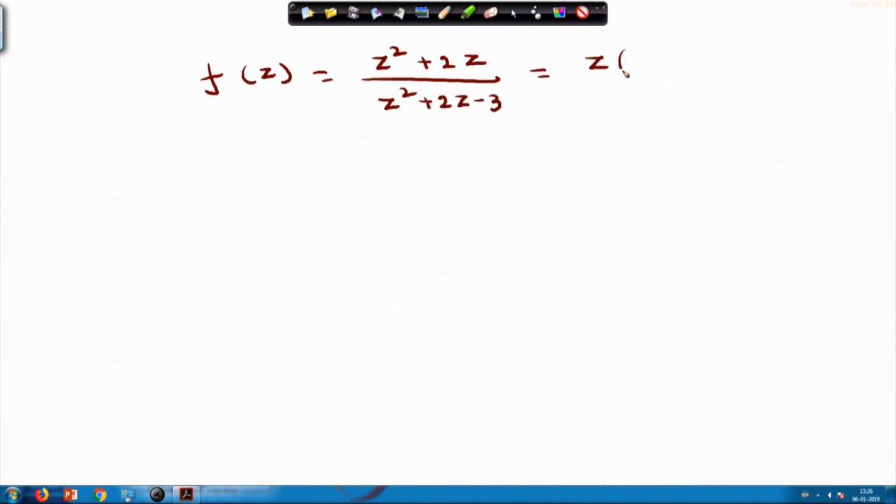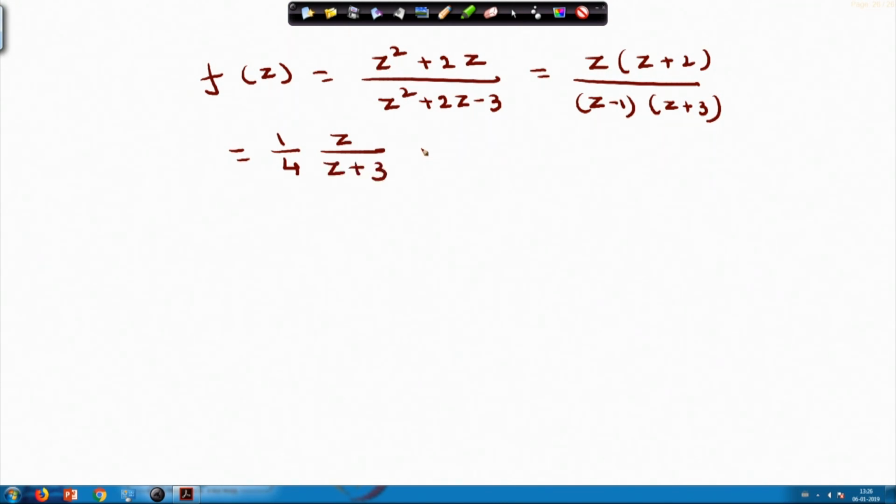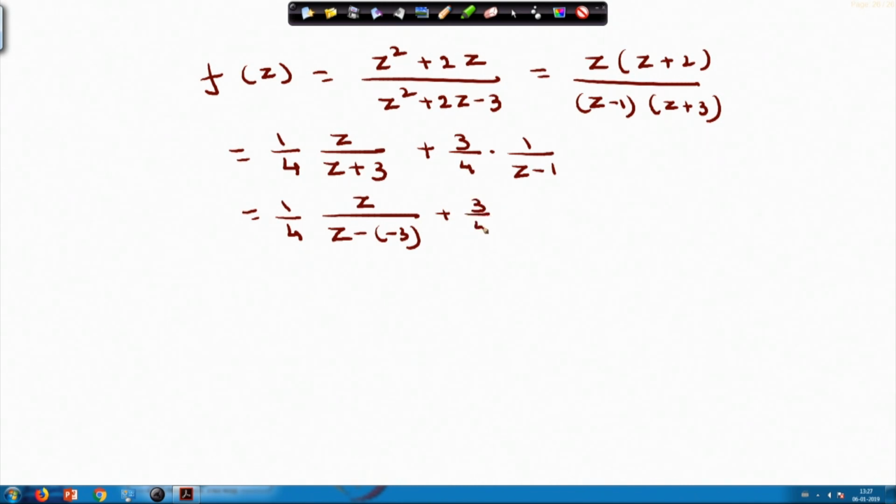This I can write as z into z plus 2 divided by z minus 1 into z plus 3, and using componendo dividendo, if you break it up, you will obtain 1 by 4 into z by z plus 3 plus 3 by 4 into z by z minus 1.